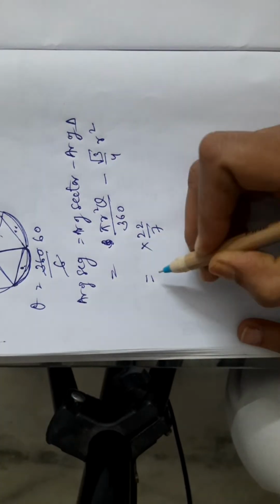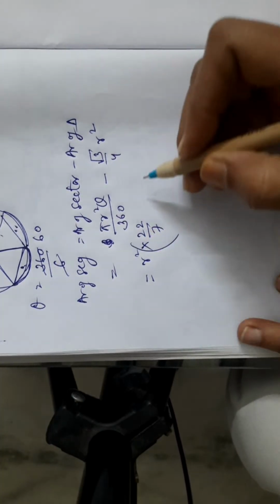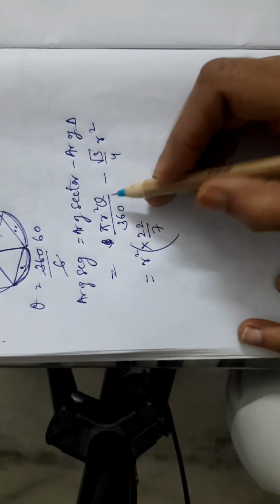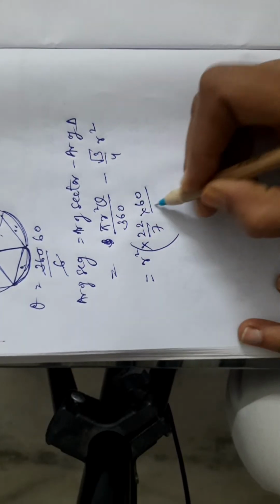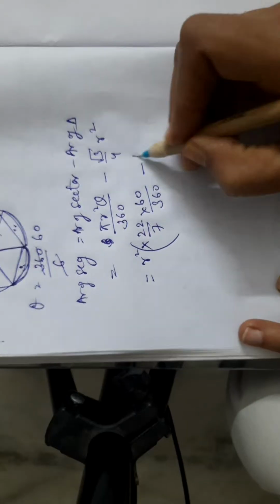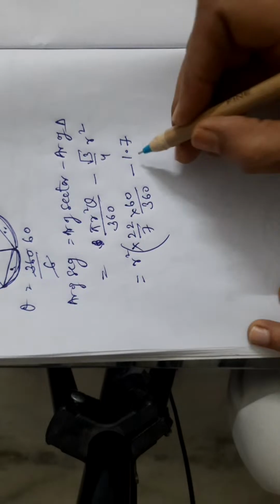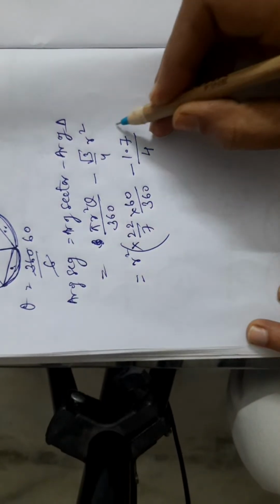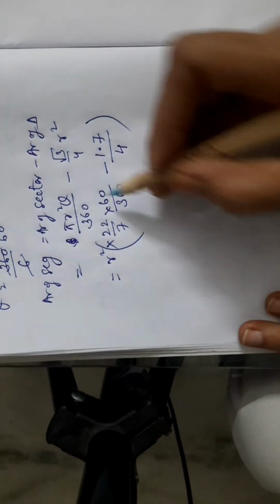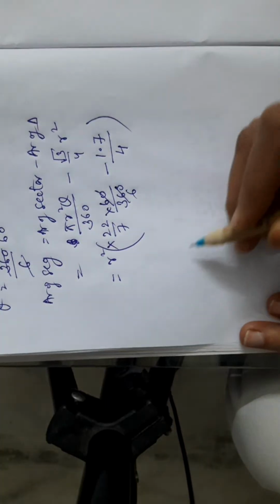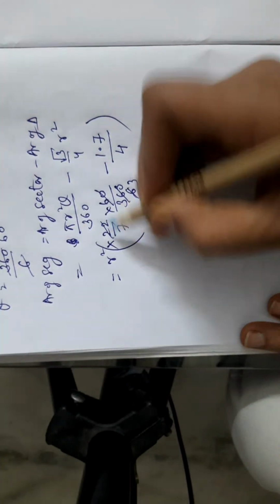R square is taken common, and theta is 60 by 360. Root 3 is 1.7, divided by 4. So 60 by 360 is 1 by 6, 2 3s are 6, 2 11s are 22.